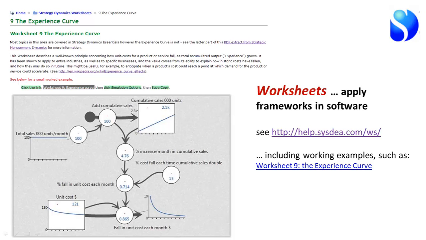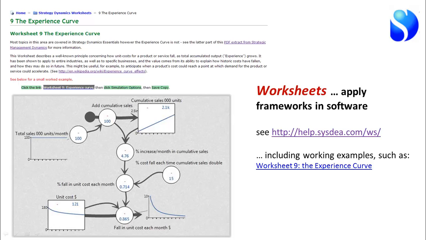The reason that they're in the software help system is simply that that's where the working models of these worksheets are as well. You can just click on those worksheets and use them live in your browser. And the one on the left I'm showing here is actually worksheet 9.